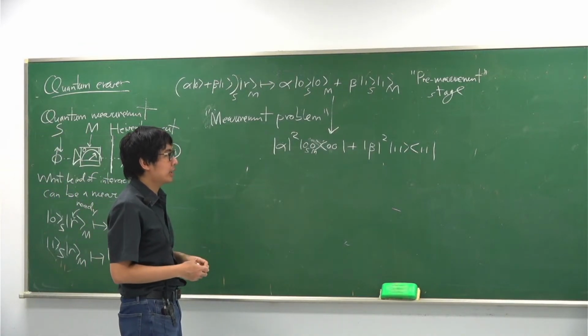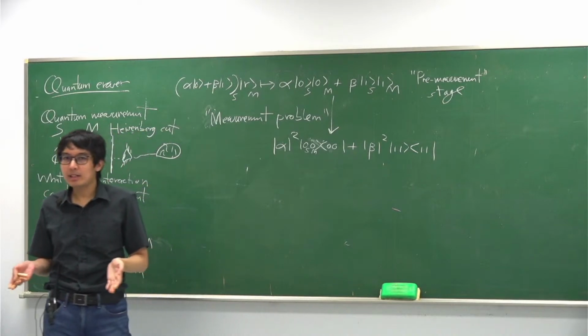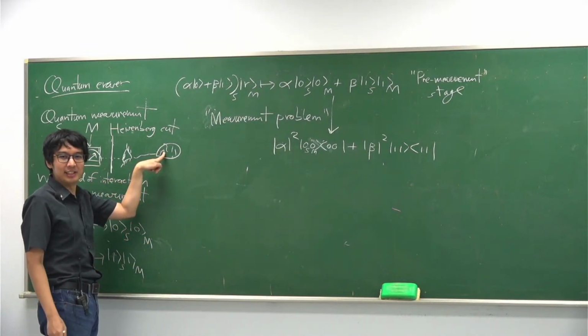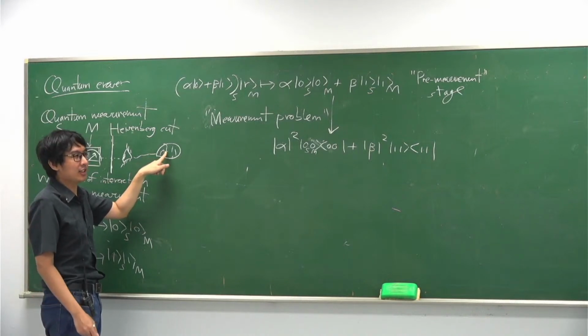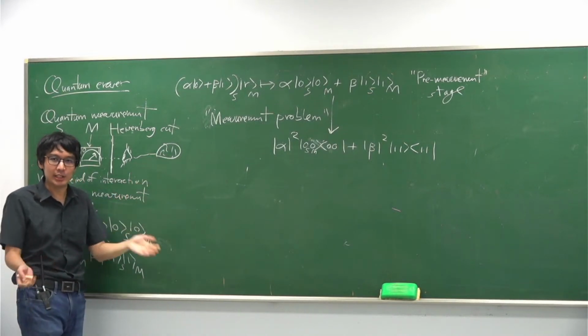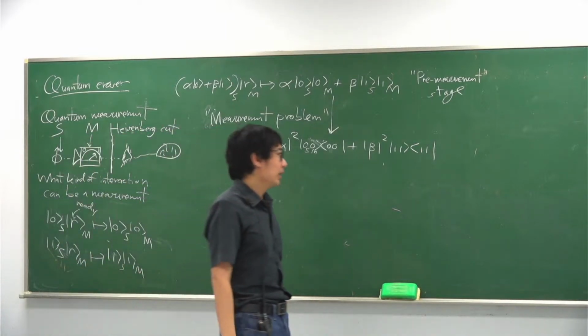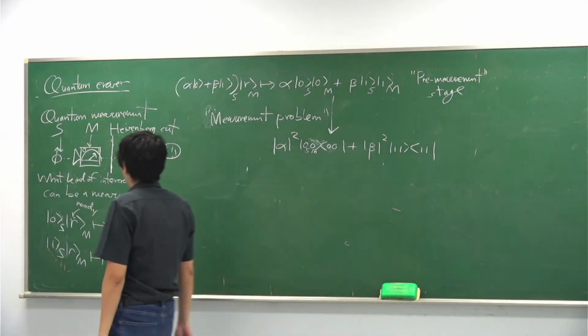So this caused some people, like John von Neumann initially, to think that to collapse the state you need consciousness, so that you can put the Heisenberg cut here. It's as if consciousness is something objective for placing the Heisenberg cut.